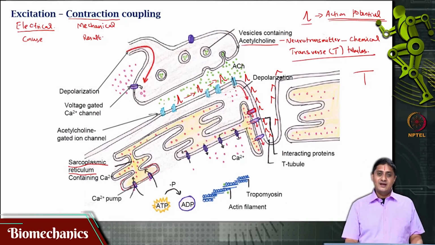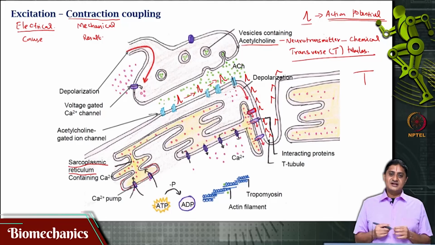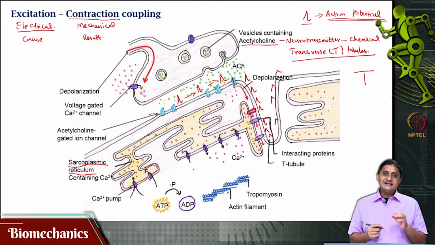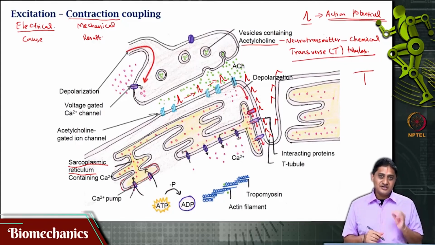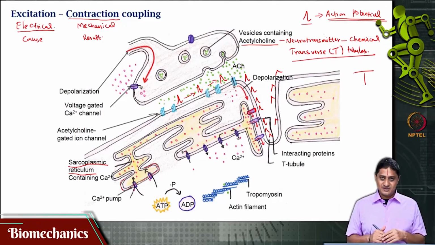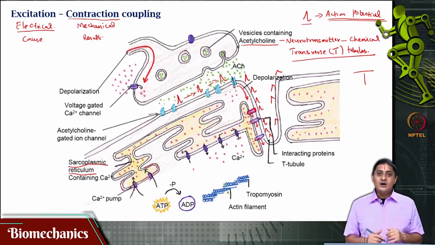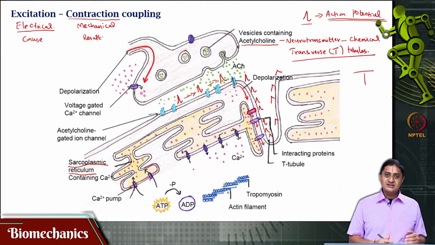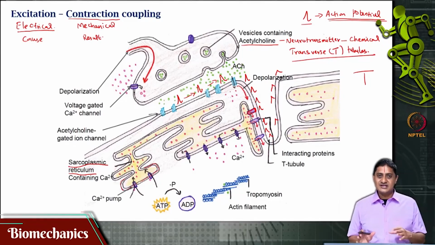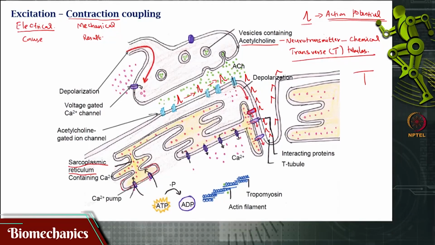Whenever it detects an action potential, an electrical pulse traveling at the T tubule, it will open. And when it opens, it also opens its partner on the sarcoplasmic reticulum side. So, it is like two doors. When one door opens, the other door also opens.